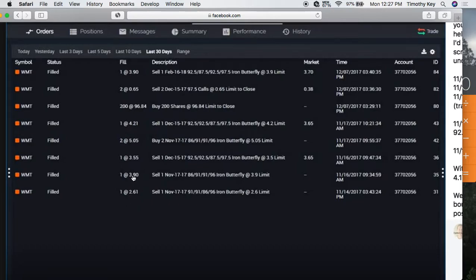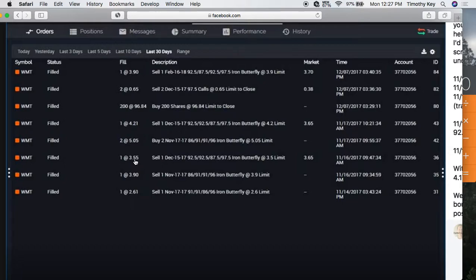So you closed your original position here. And then we opened up a new position inside the December monthly option at the 92.50, the 87.50, because these were the closest strikes to those strikes. You took in a credit of 355.